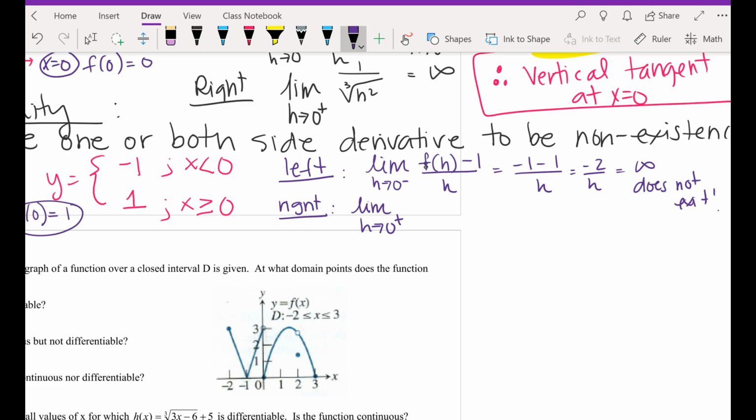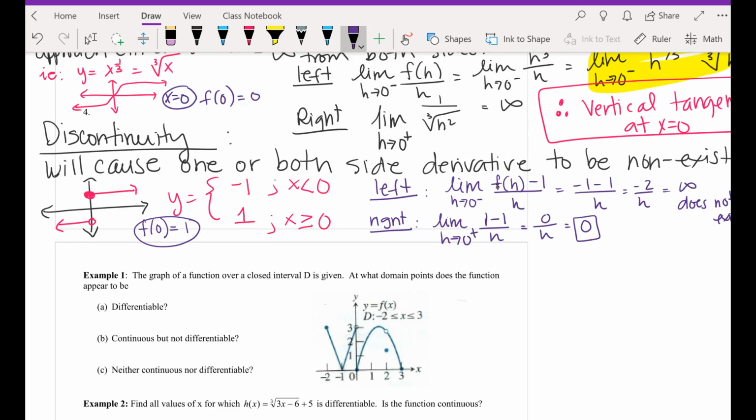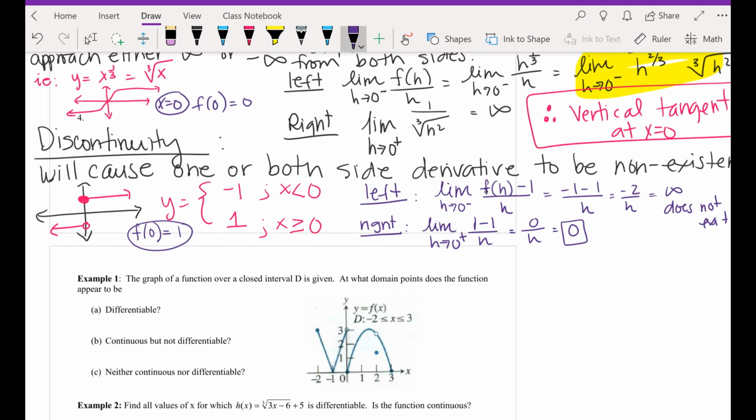Yeah, I would have to use 1 minus 1 over h. 1 minus 1 is 0. 0 divided by h is 0, which is consistent with the curve, isn't it, coming from the right? If I have an endpoint, wouldn't the derivative exist all the way there? Yes or no? Yeah, so that's why it's fun. All right, that's our egg roll.